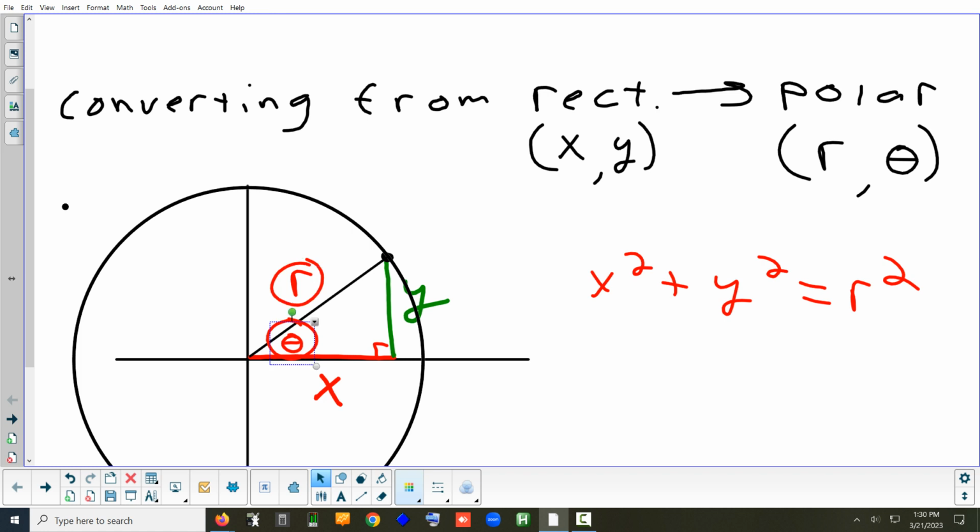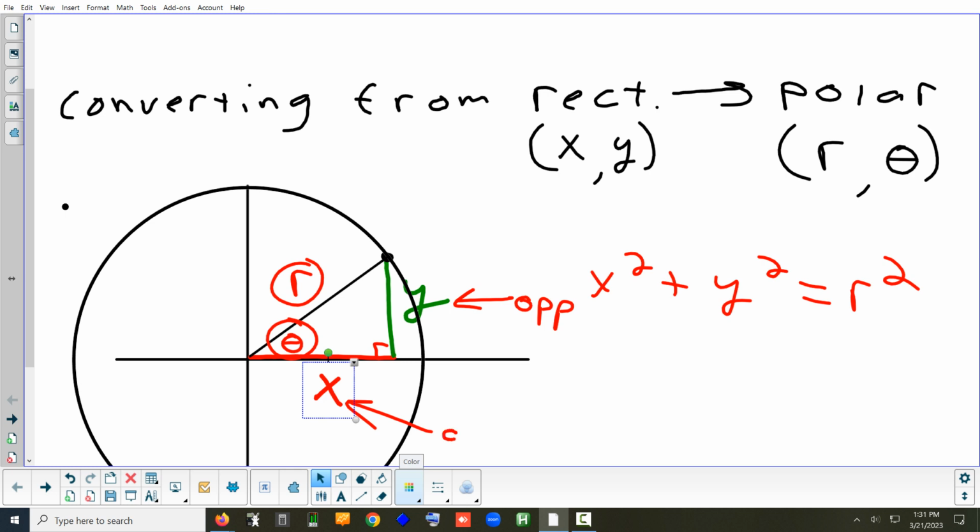Now, theta. You're going to know this side and that side. We need to know what position those two sides are in. What position is y relative to theta? Yep, that's opposite. And what position is x?